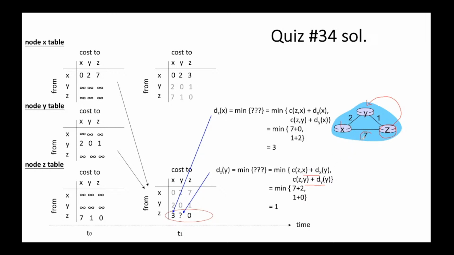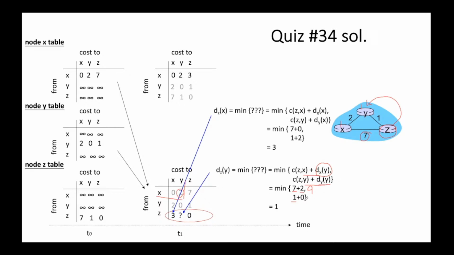Link cost being 7 again, and then what about DXY? Now let's look up the table. It's DXY, therefore the shortest distance is 2, so we end up adding 7 to 2, which doesn't look so good. What about the other neighbor of Z? ZY is 1 again. What about the shortest distance from Y to Y?